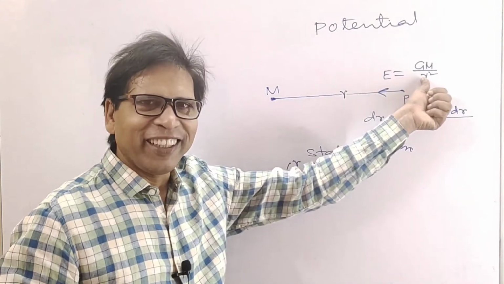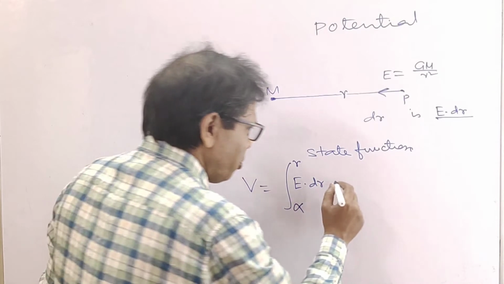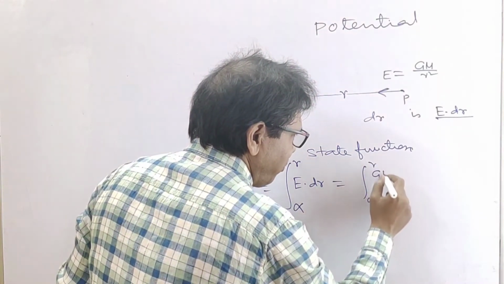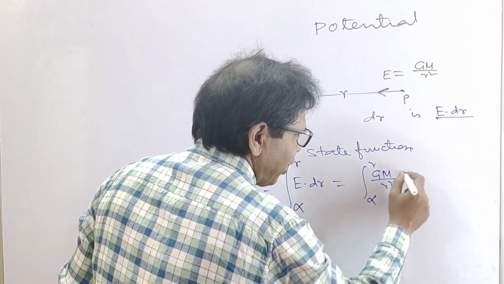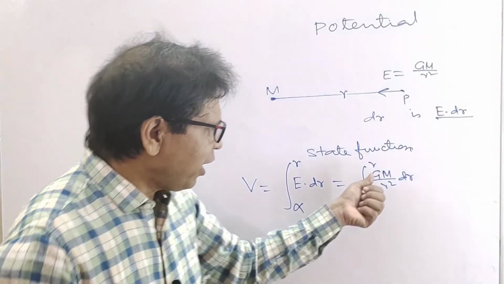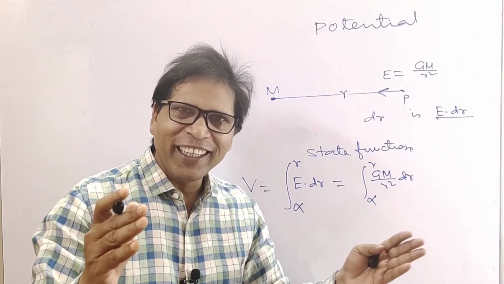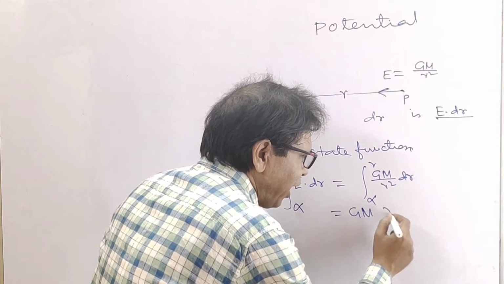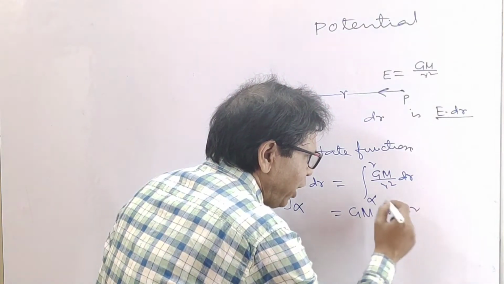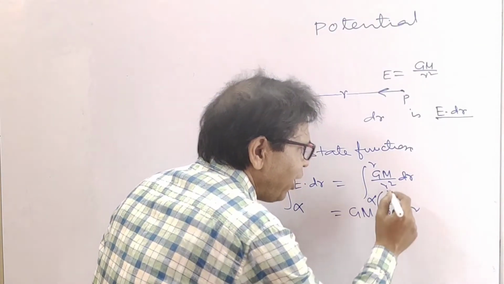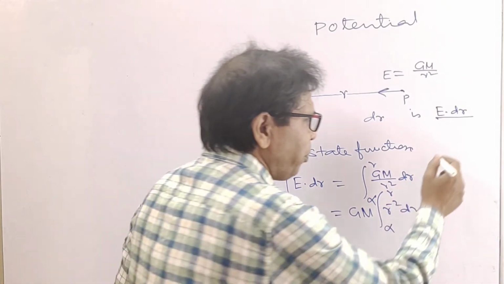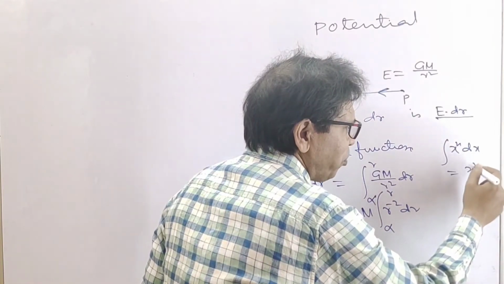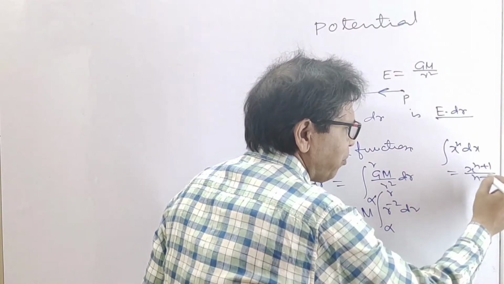Now put these values. Very simple. So this is the integral from infinity to R of G capital M by R square dr. G capital M is constant, and here R to the power minus 2 dr, integration from infinity to R. Now there is a formula of integration: x to the power n dx is x to the power n plus 1 divided by n plus 1.